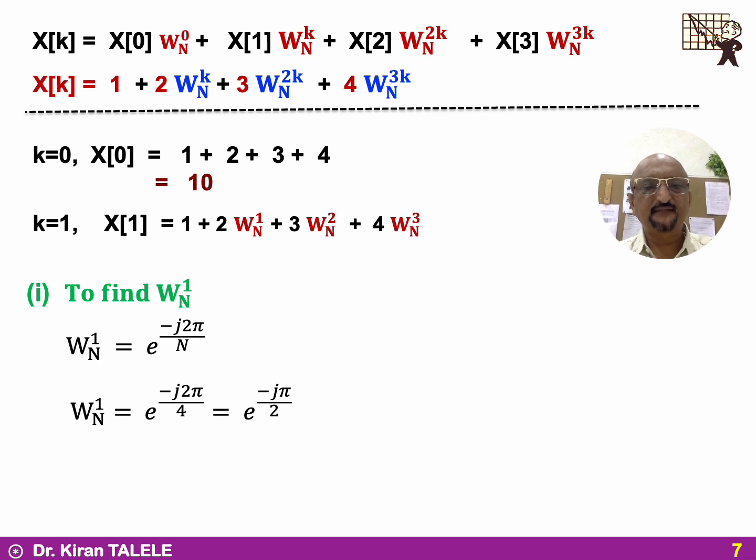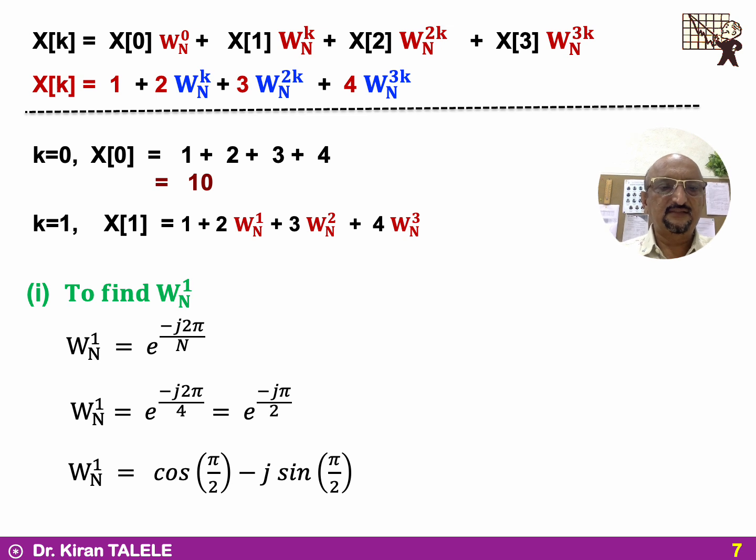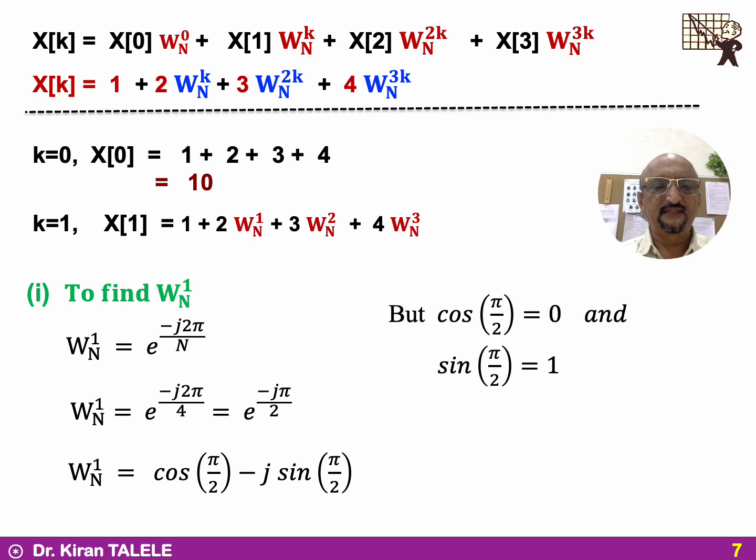So W N raised to 1 is e raised to minus j pi by 2, that is cos pi by 2 minus j sin pi by 2. Cos pi by 2 is 0, sin pi by 2 is 1, and by substituting we get W N raised to 1 equal to minus j.